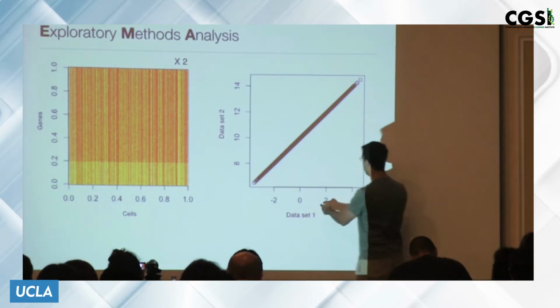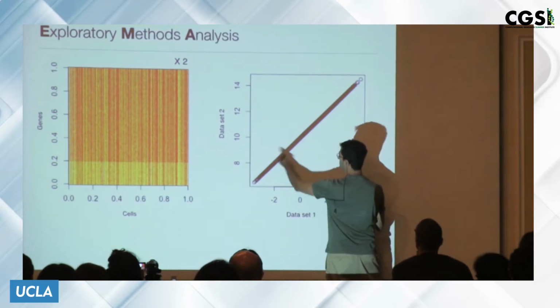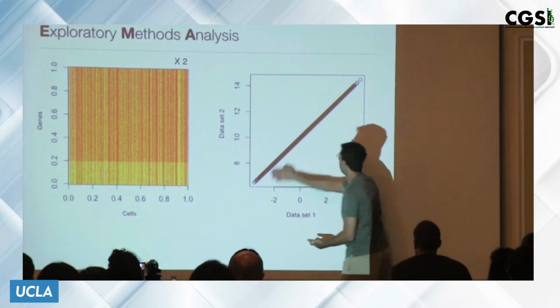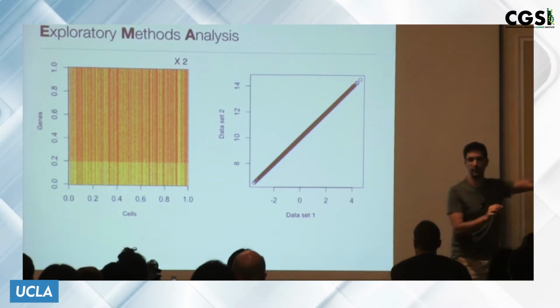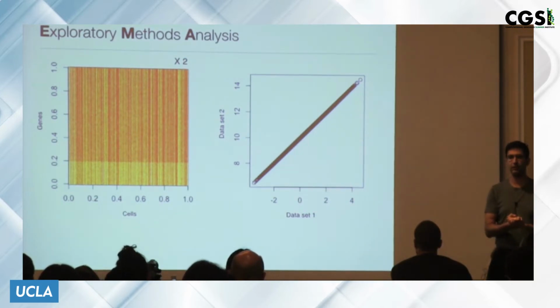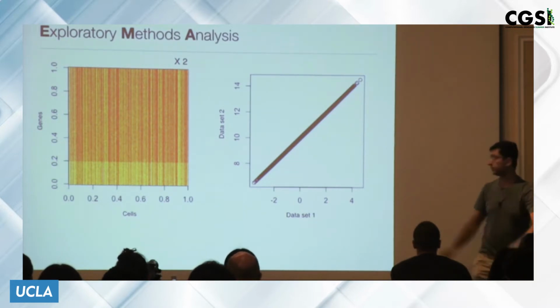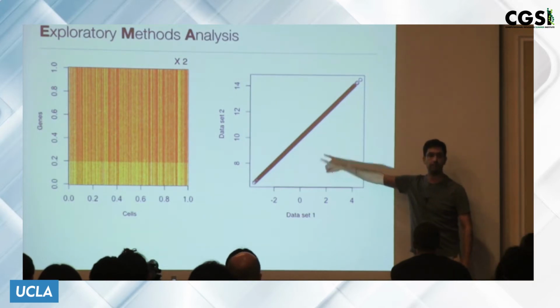So I'm just showing here the values in one matrix versus the other matrix. They're identical, they're just shifted by 10. Because I literally took my first data set and I just added 10 to each value. So if I do CCA, I should be able to figure that out. Because I should be able to find the projection. Projection is trivial, so that the correlation's 1. Now I should basically be able to recover exactly this line.